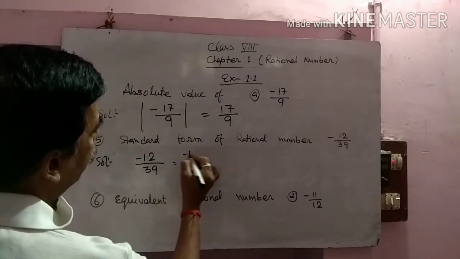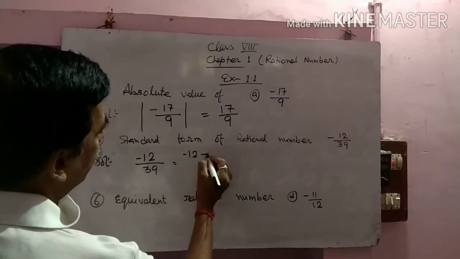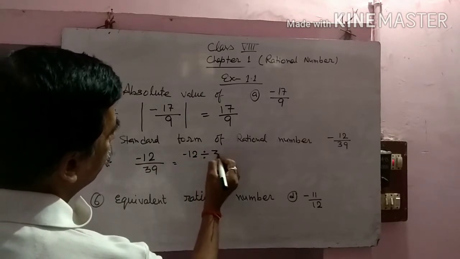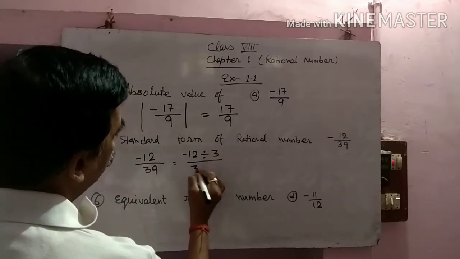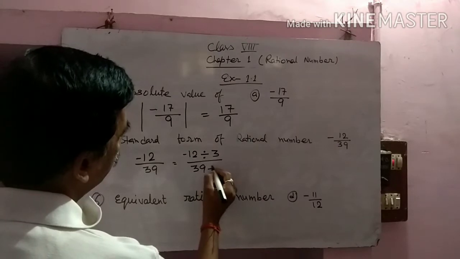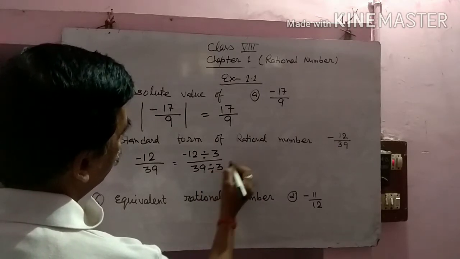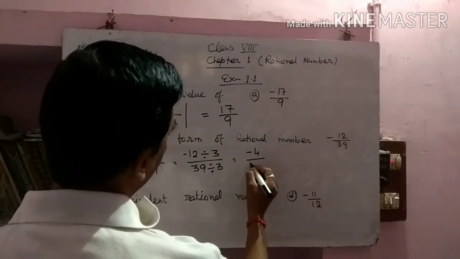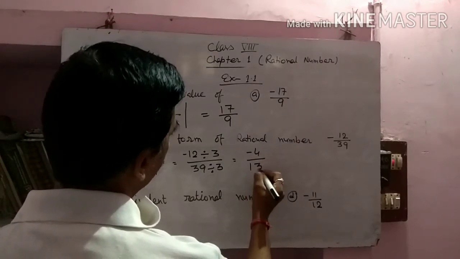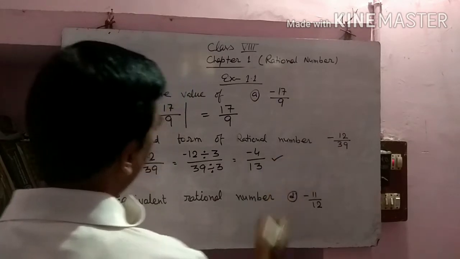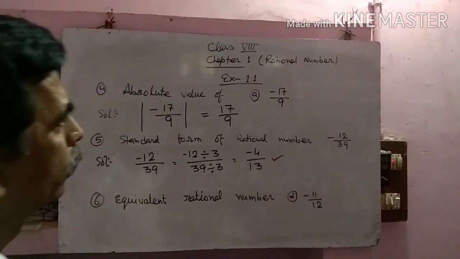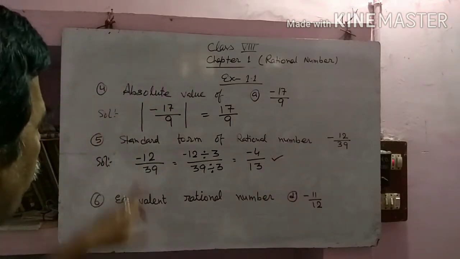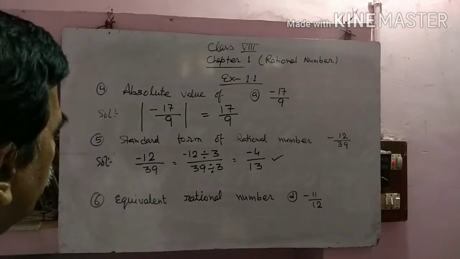If we divide minus 12 by 3 and similarly 39 divided by 3, you will get minus 4 by 13. 3 ones are 3 and 3 thirteens are 39. So this is the standard form of the rational number minus 12 by 39.